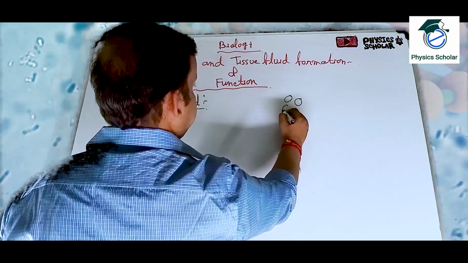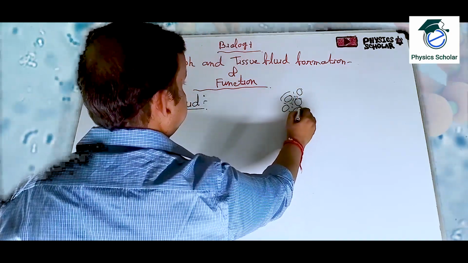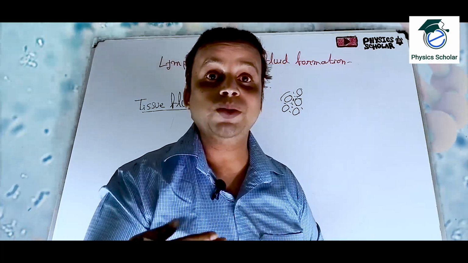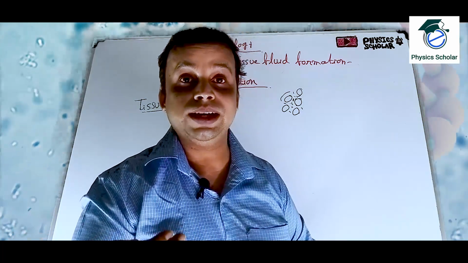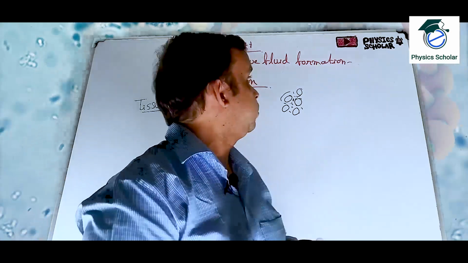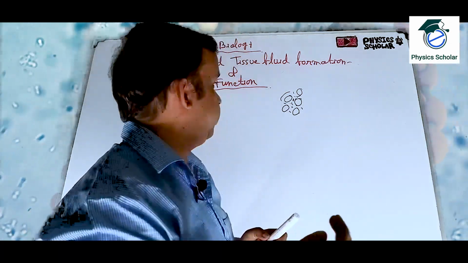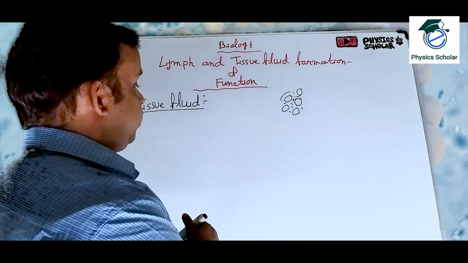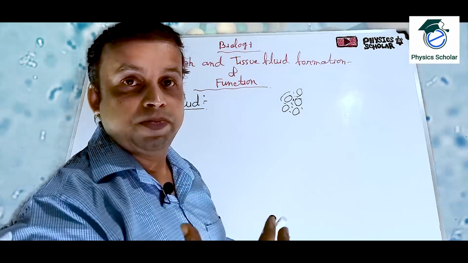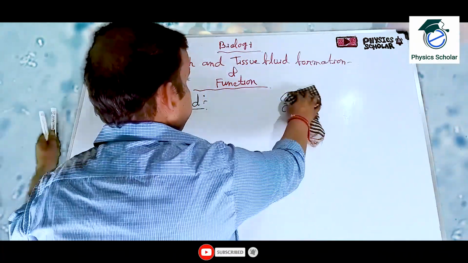So suppose these are the cells, the fluid that lies in between the tissues or cells and provides nutrition to the tissues or cells, what is this liquid known as? Tissue fluid.